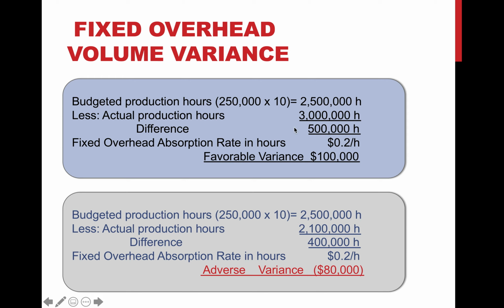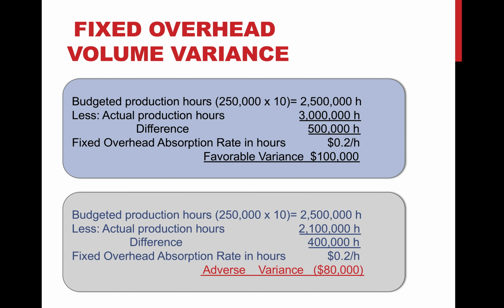So we have a difference in our favor, because producing more means that I will be more efficient with my cost management, okay? But as I charged 0.2 per hour, I have charged this 0.2 times 3 million hours.